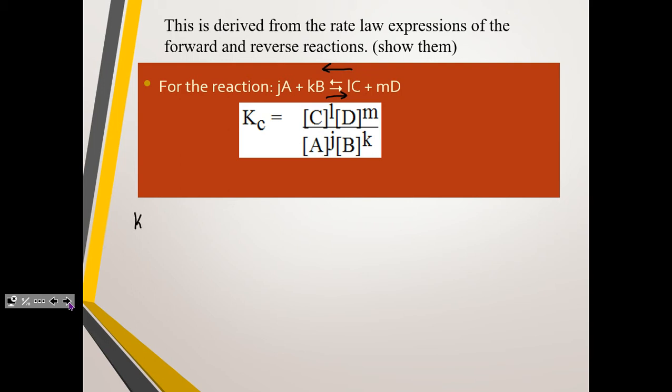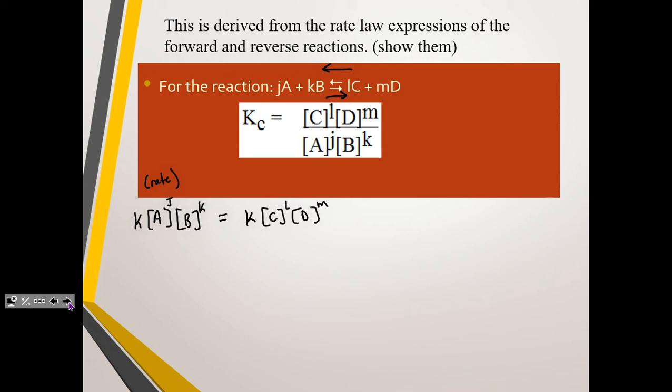So if we write the rate law for the forward reaction, we would have K, A to the power of J if this is the elementary slow step for a mechanism, B to the power of K, again, elementary slow step, and the rate itself is going to equal, and remember this is equivalent to the rate, that is going to equal the rate of the reverse reaction, which would be K, C to the L, D to the power of M. Because this is at a certain temperature, the rate constant K is going to be the same.